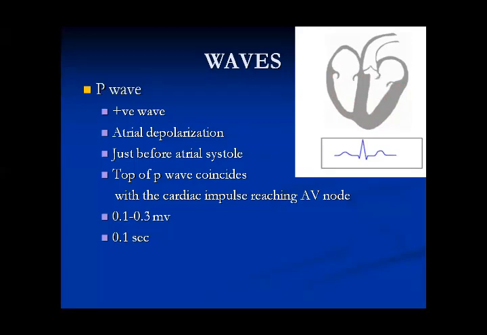So P wave is a positive wave. It is the atrial depolarization wave. It occurs just before atrial systole, and the top of P wave coincides with the cardiac impulse reaching the AV node, as will be shown by the diagram on the right corner of the slide.